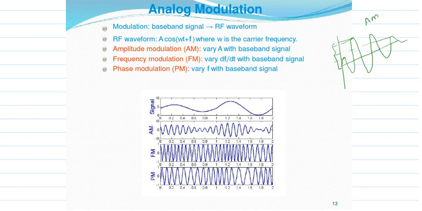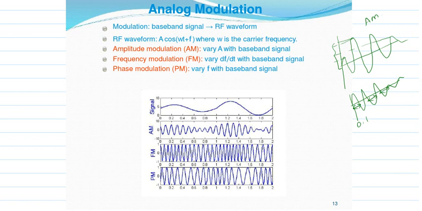Frequency modulation means there will be a variation in frequency, as when I draw a variation like this, this is the frequency. Then pulse modulation, pulse in the sense it is like a zeros and ones variation. Phase modulation means it is nothing but a variable frequency with the base band signal.